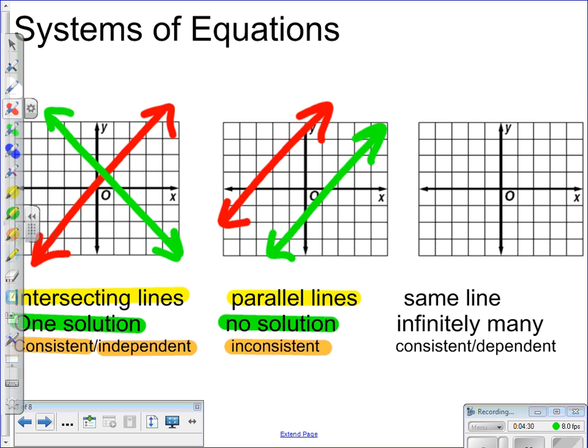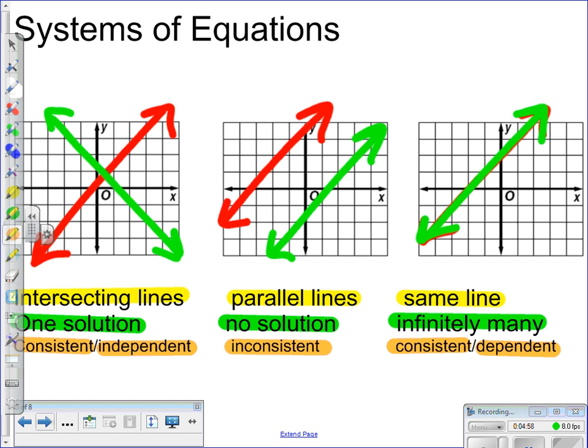Our third option is you actually have the same line, where you have one line drawn over top of another. This type of system has infinitely many solutions, and the system is consistent but dependent.